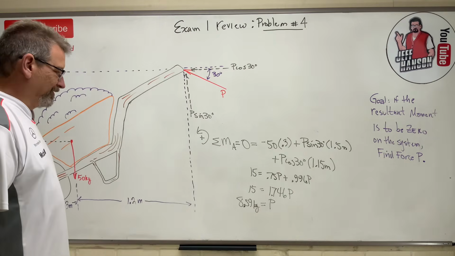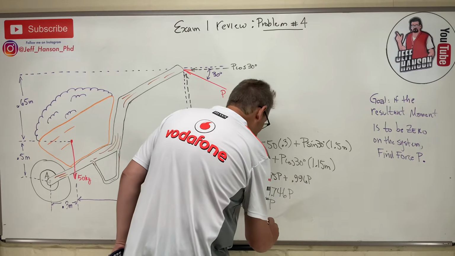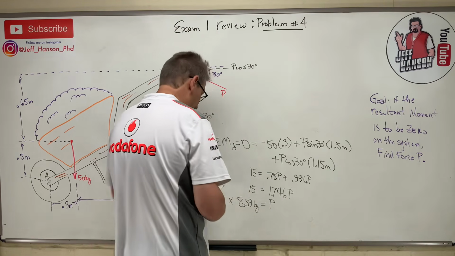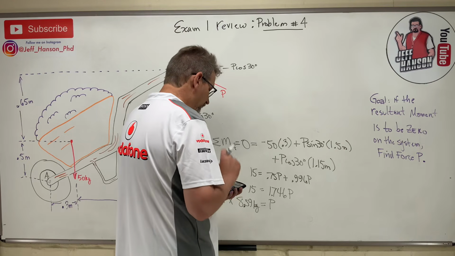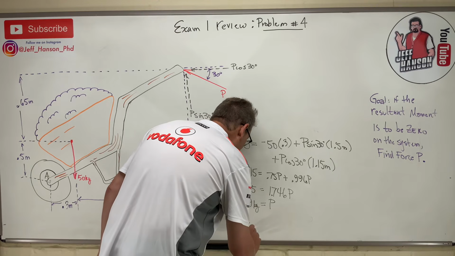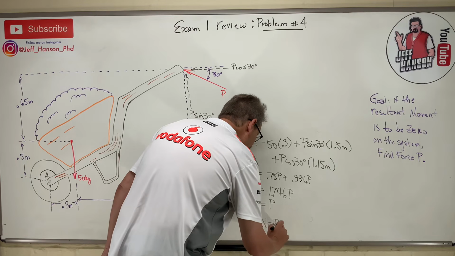But we don't want kilograms, we want newtons because P should be a force, right? So that's easy enough to fix. We're just going to multiply that by 9.81, which equals 84.28 newtons equals P.